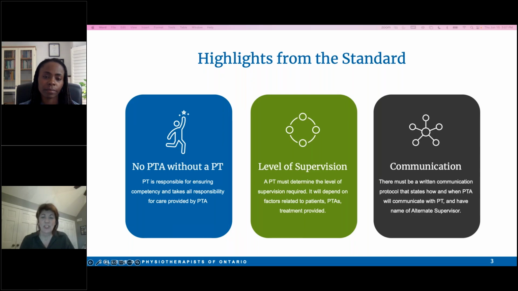Do you need more training? Do you need to provide more training, more support to the physiotherapy assistant? The complexity of the tasks, and what are the potential risks of harm related to any treatment or intervention? And how are you going to be able to provide supervision to that physiotherapy assistant? How available are you to the assistant? Lots and lots of factors to consider.